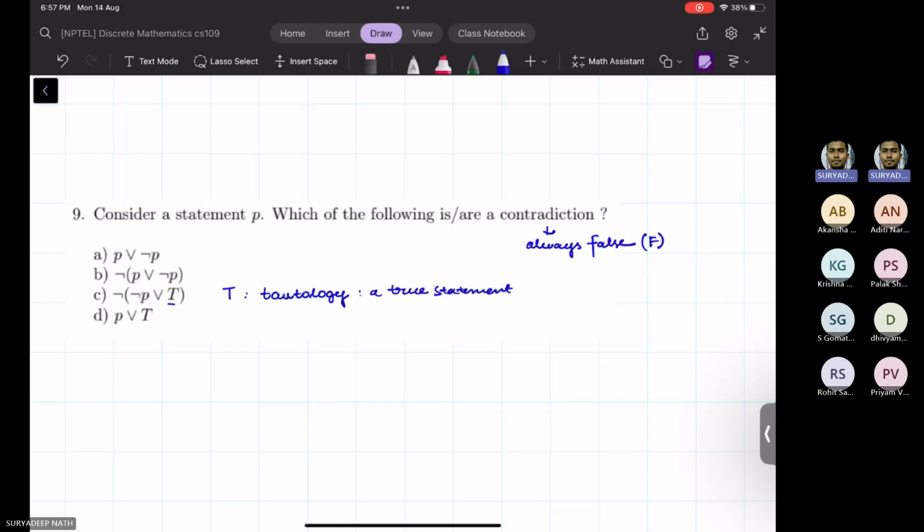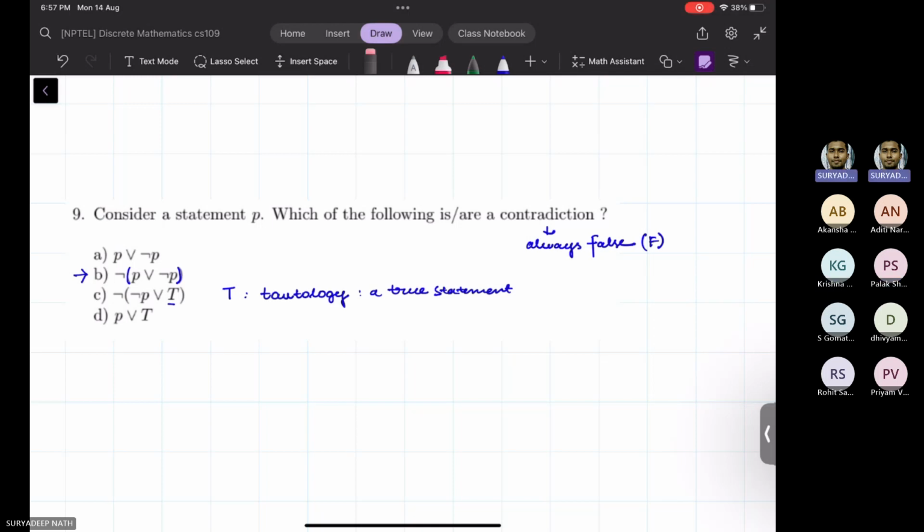First, let us look at B. Can you tell why B is a contradiction? If you look inside the braces, what do you think, P or negation of P? Is that a tautology or a contradiction, or can it be sometimes true, sometimes false? Tautology, sir.